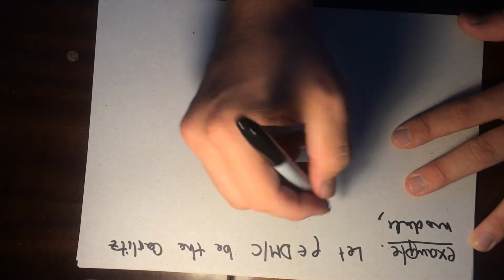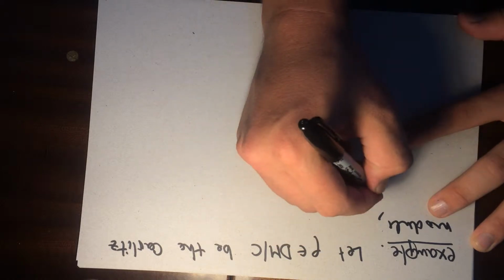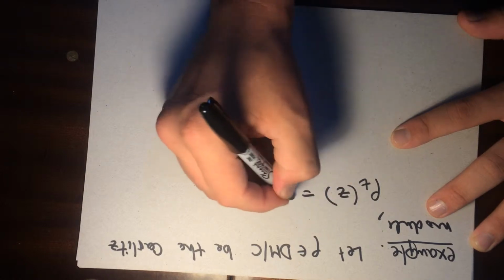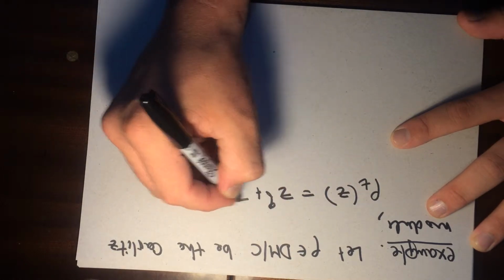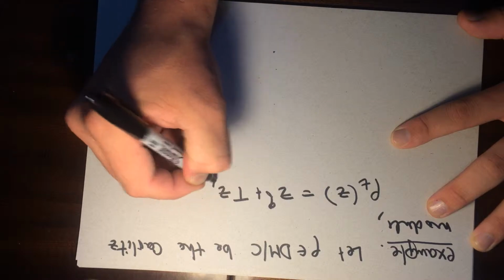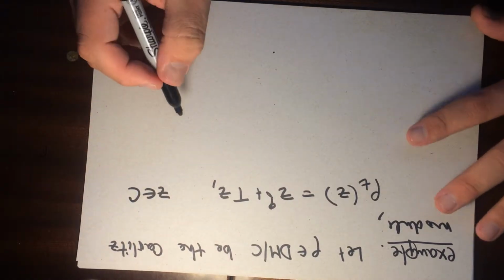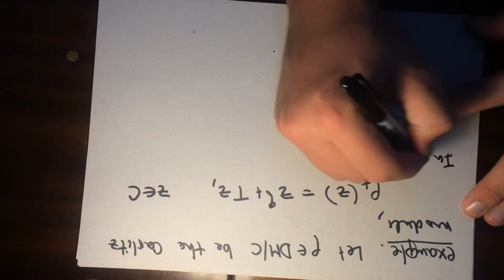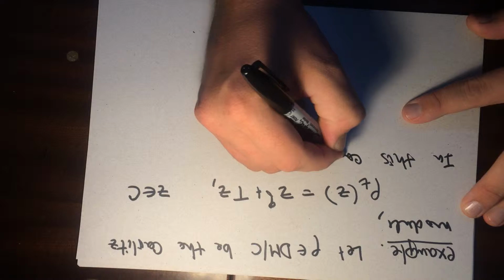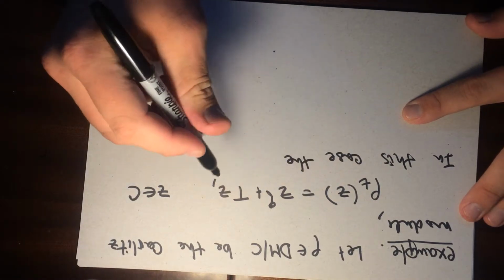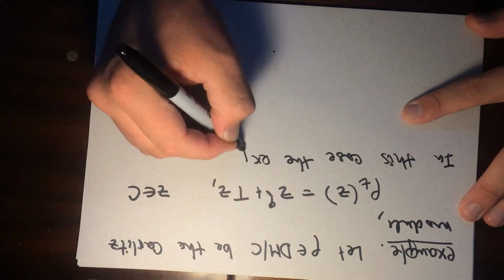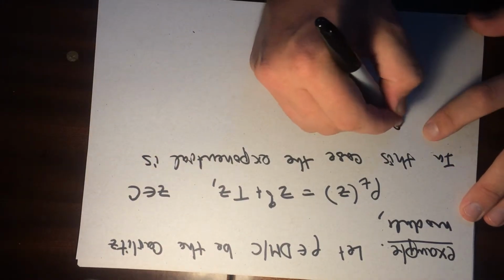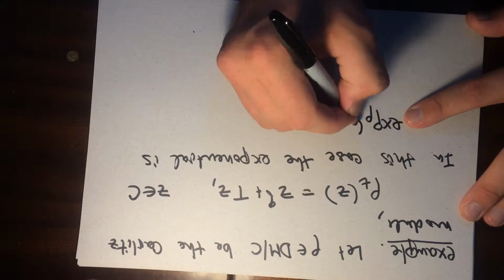Okay, so again, this has the property that rho_T of z is equal to z to the q plus T times z, for z in C. So in this case, the exponential is the following function, e_rho(z).